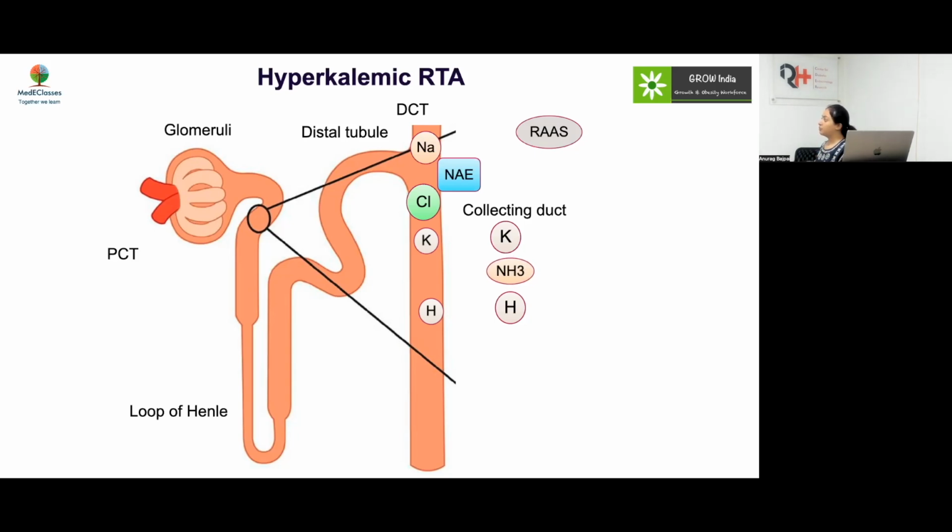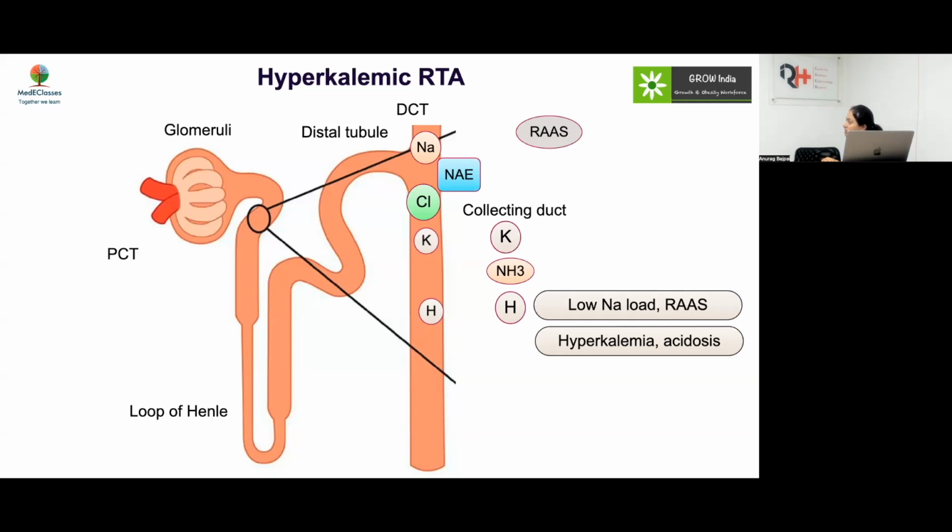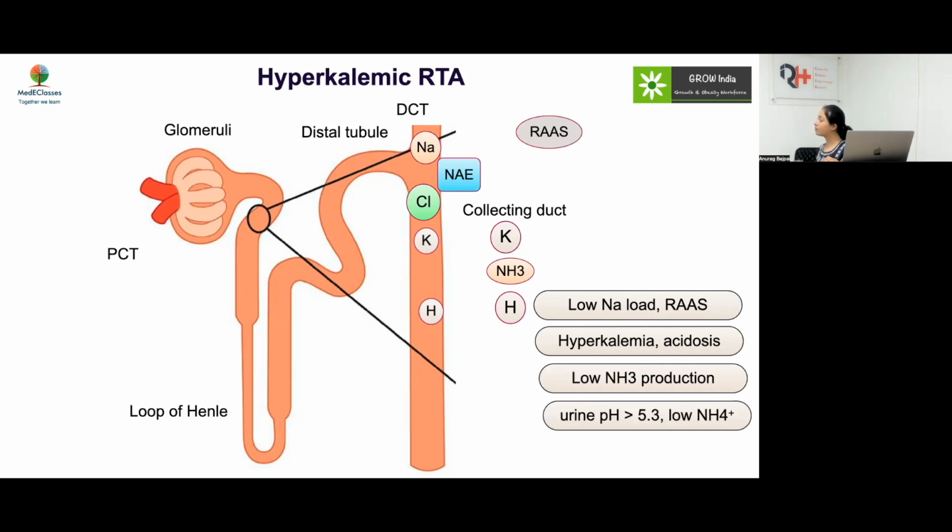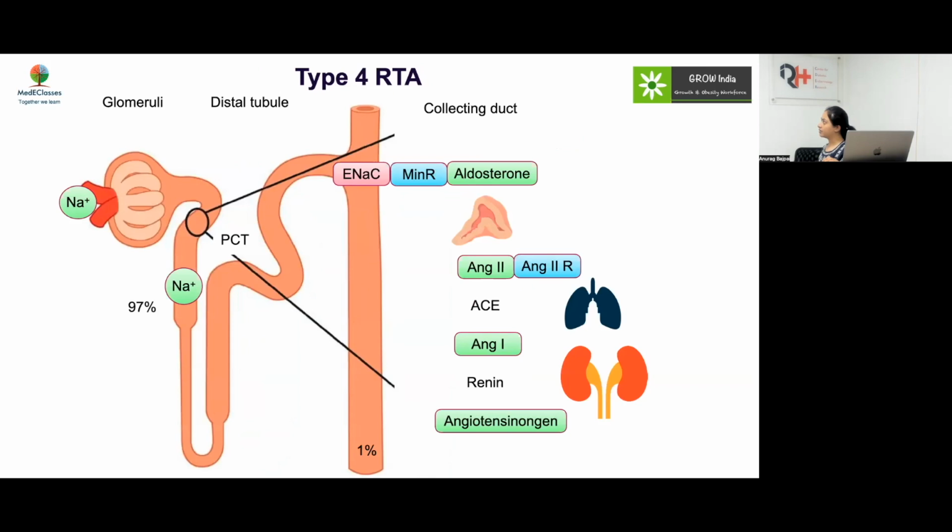And as potassium and proton are competing, potassium is lost more, so there will be less NH4 plus in the urine. So there is low sodium load due to RAS defects, hyperkalemia and acidosis, and low ammonia in urine in type 4 hyperkalemic RTA. As a result, urine pH is greater than 5.3 here.